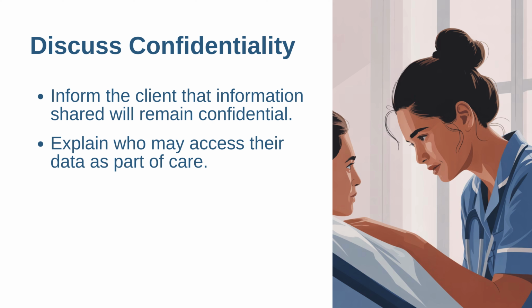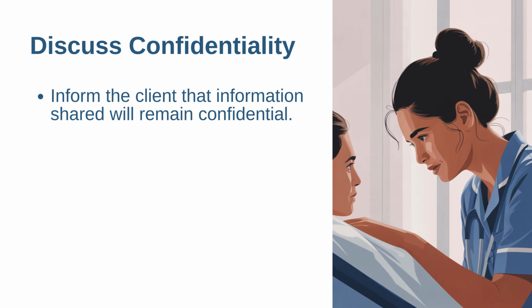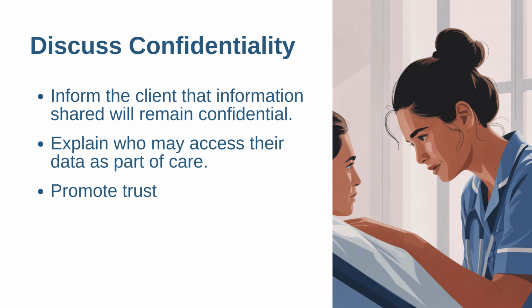Clarifying access prevents misunderstanding and supports transparency. Assure the client that only the members of the healthcare team in charge of his or her care will have access to his or her data. Promote trust and openness from the start. Understanding confidentiality encourages clients to share sensitive information.